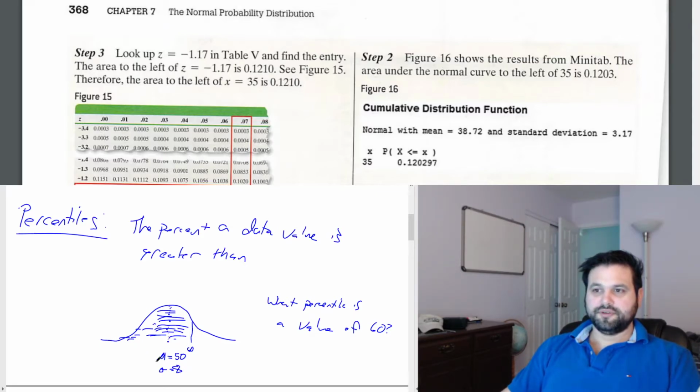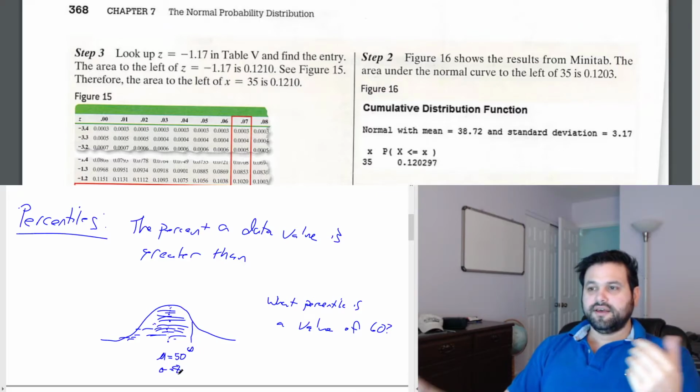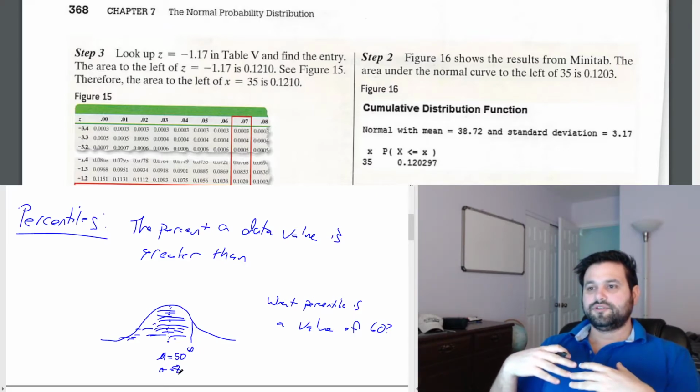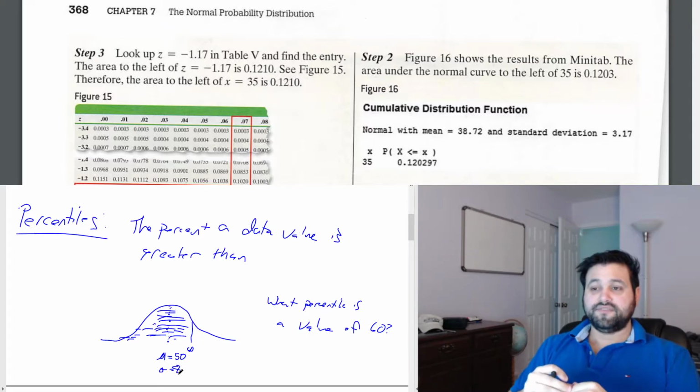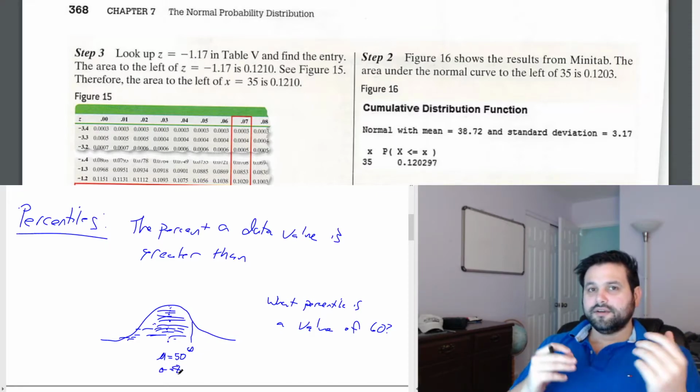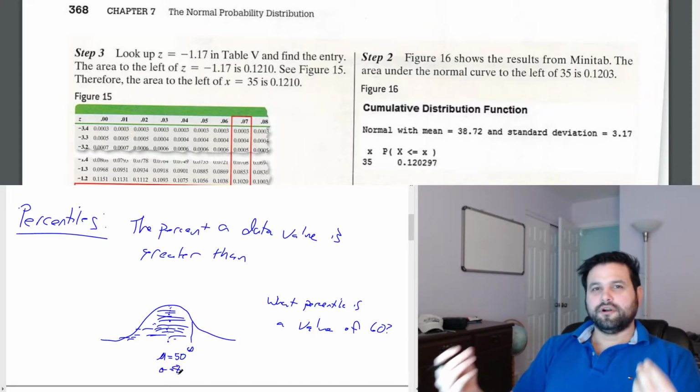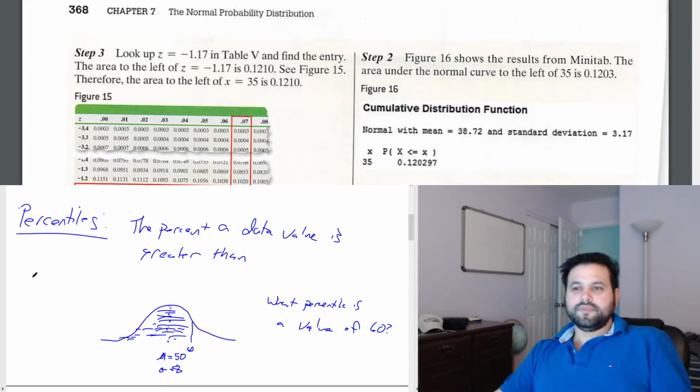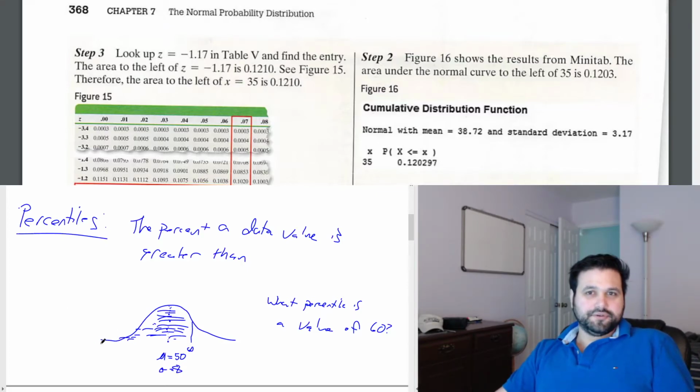If I asked what's the probability of having less than 2, if the average is 50 and the standard deviation is 8, it's essentially 0 because it's so far away from the average. So this curve technically continues forever, but it gets so small that it really doesn't matter.